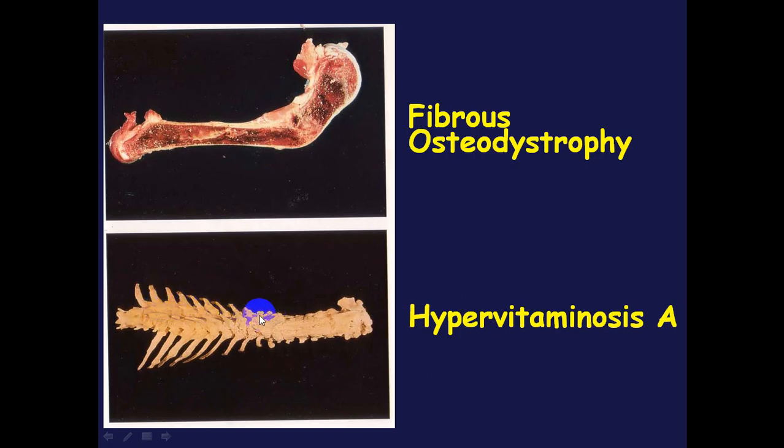However, please do not mistake the rough structure for hypervitaminosis A, because hypervitaminosis A can also make rough structures due to excessive formation of bone here, excessive formation of cells within the bones. Okay, they're really different, because if we cut fibrous osteodystrophy, we will have more fibrous tissue. For hypervitaminosis A, it's only on the surface.